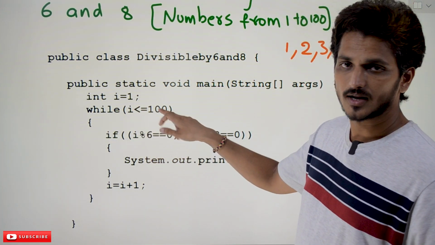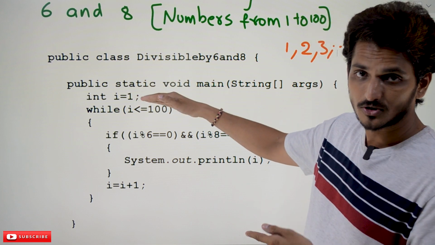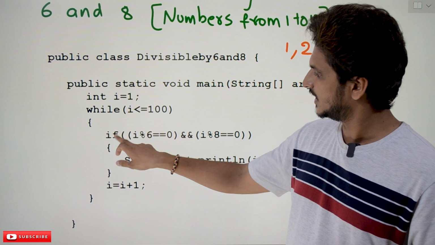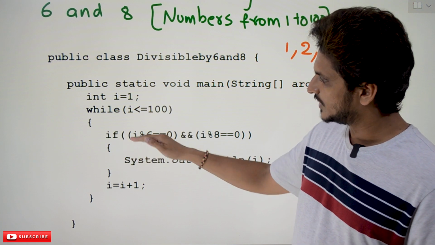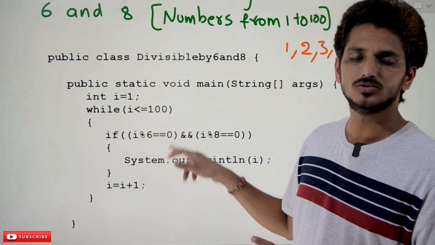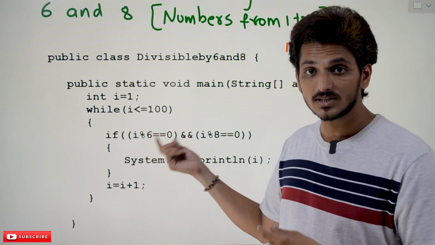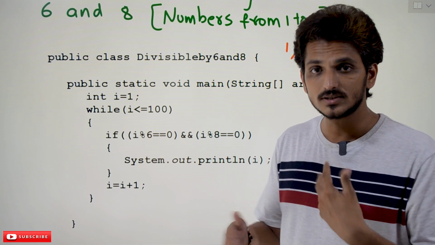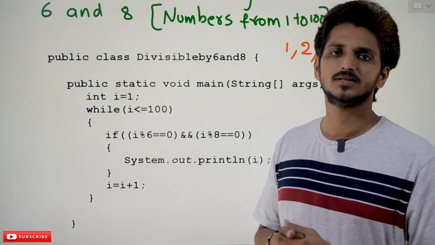1 is less than or equal to 100. Yes, the condition is true, so it will come inside the loop and check the condition. When it comes into the loop, what is the i value? 1. 1 modulus 6 equal to 0 means, if this condition is satisfied, the number is divisible by 6. If it is not satisfied, it is not divisible by 6.